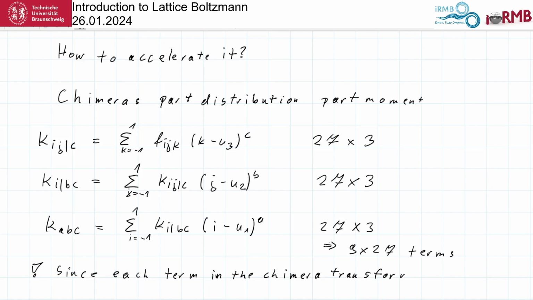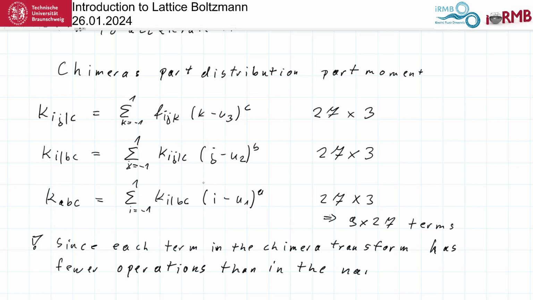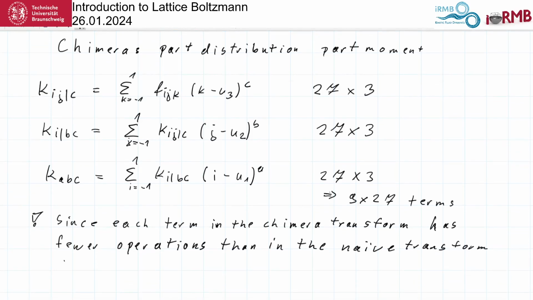And this leads to the condition that since each term in the Chimera transform has fewer operations than in the naive transform, the savings are even higher.